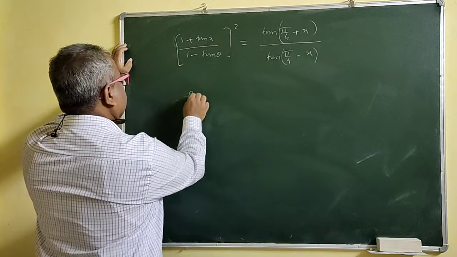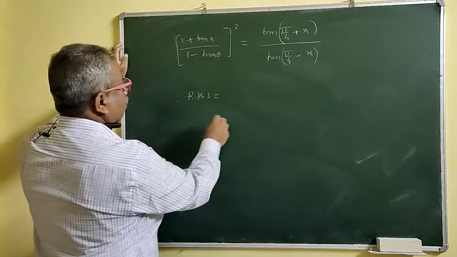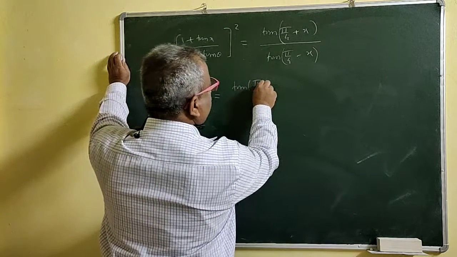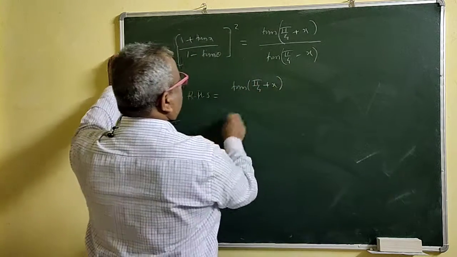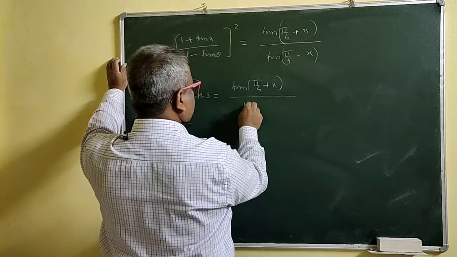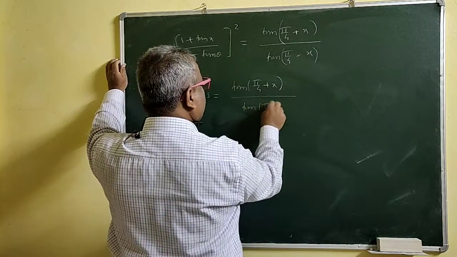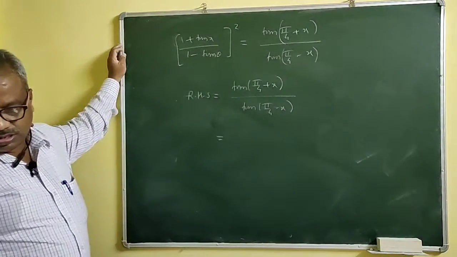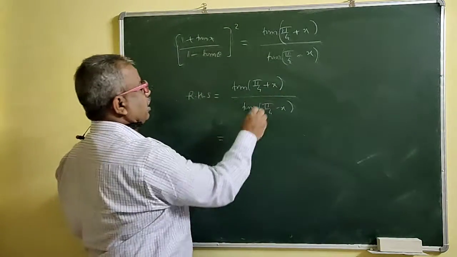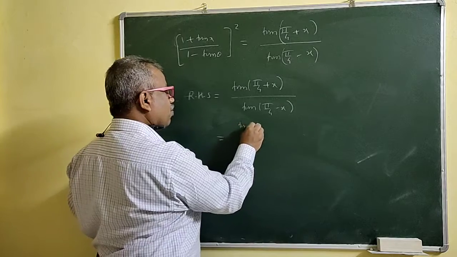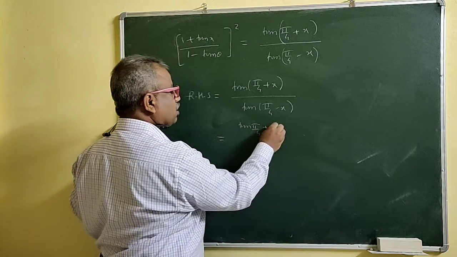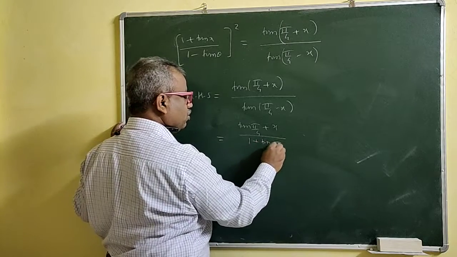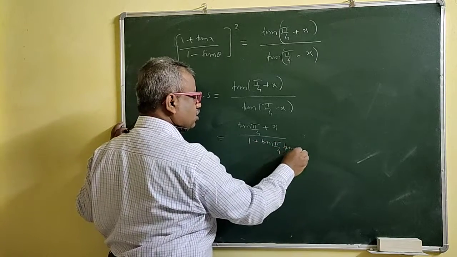Take RHS now. RHS is equal to tan(pi/4 + x) upon tan(pi/4 - x). So we expand this: tan pi/4 plus tan x upon 1 minus tan pi/4 tan x.